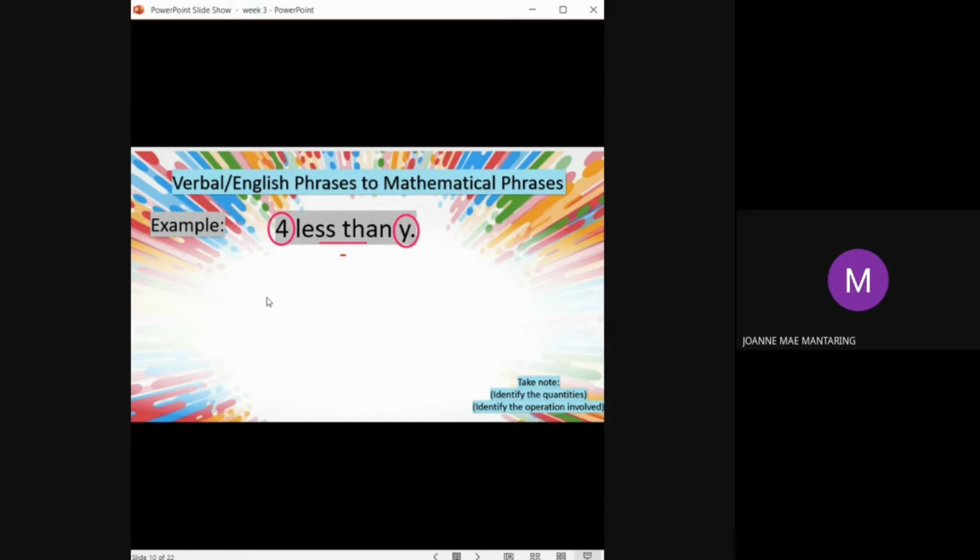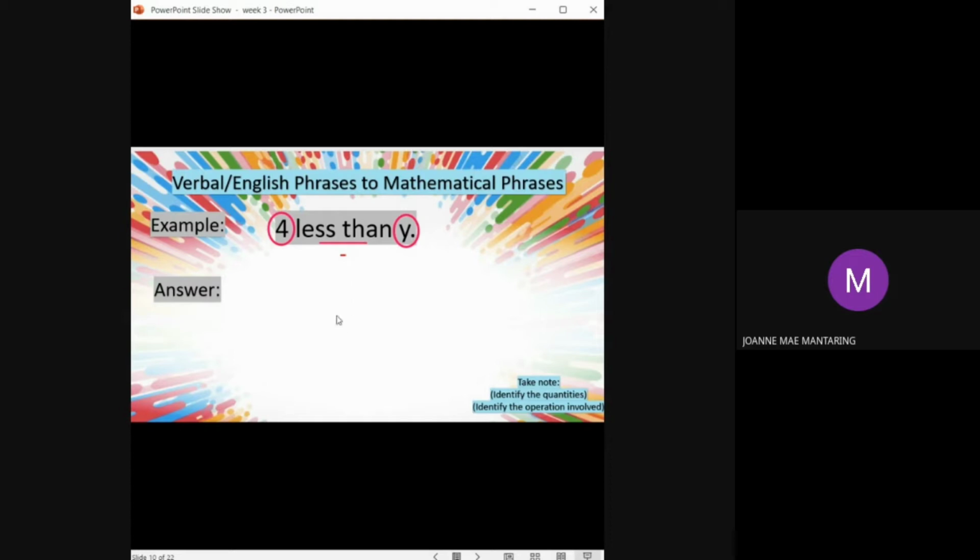So, kapag sinulat nyo na po sila, magiging ganito na po yan. Y minus 4. Okay? Ma'am, mahalaga pa po ba yung pagkasunod-sunod? Yes, especially this is subtraction. Hindi po ito kagaya ng addition na magkabaligtad man yung addition, ganun pa rin yung sagot. Okay? Sa subtraction, mahalaga po yung pagkasunod-sunod.